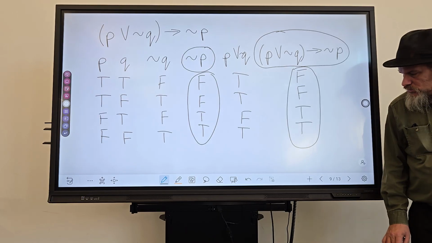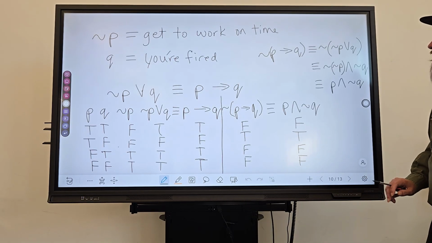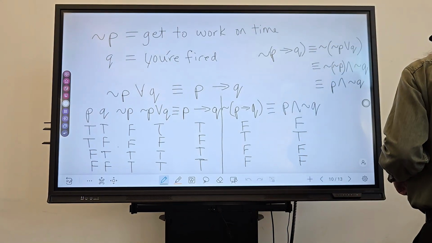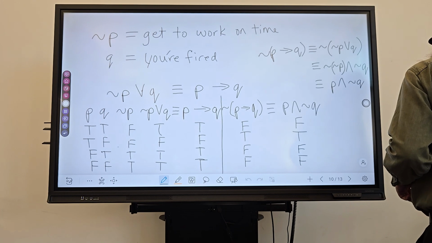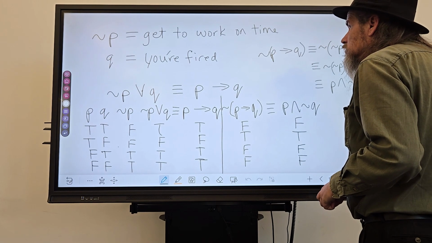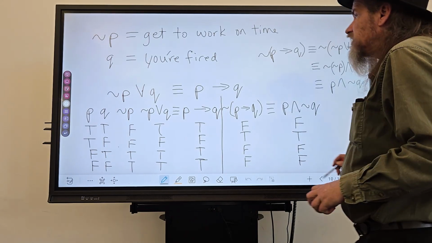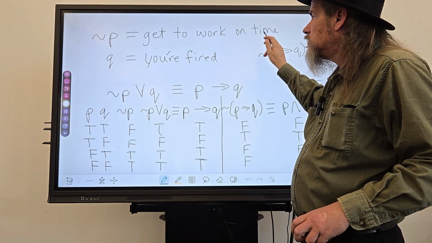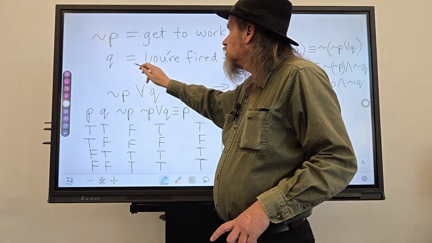Take the following statement. Either you get to work on time or you are fired. So let's make not P equal to get to work on time, and Q, you're fired.